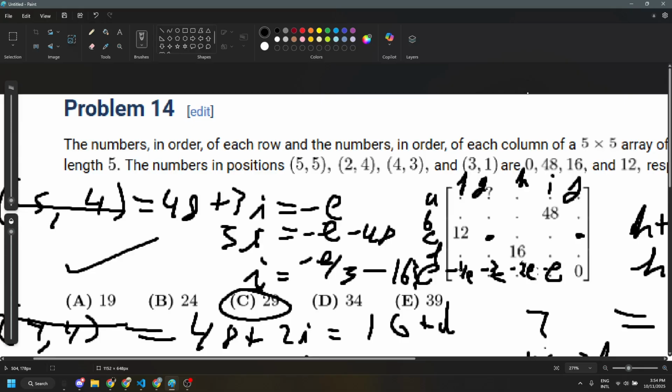In column 1, arithmetic progression, they did 1, 3. Okay, so they used this 12 and 40 to get this in terms of D. They did this in terms of D using this. Then I guess they solved with that.